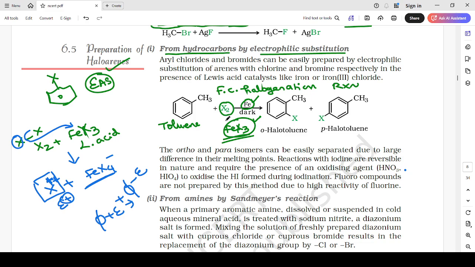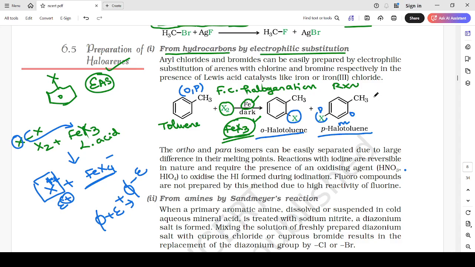Same logic is happening here. Toluene, in the presence of X2 and Fe, is going to form halogen substituted toluene. We know methyl is an activator, an ortho-para director. So it directs this halogen to either the ortho position or the para position. So I have ortho-halotoluene or para-halotoluene.